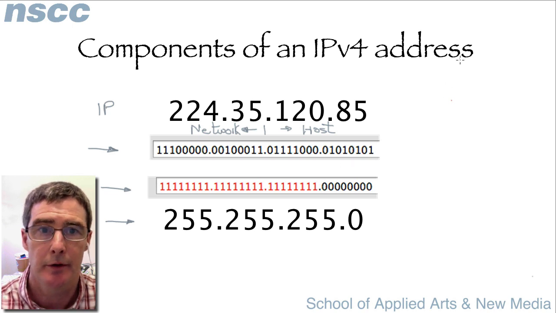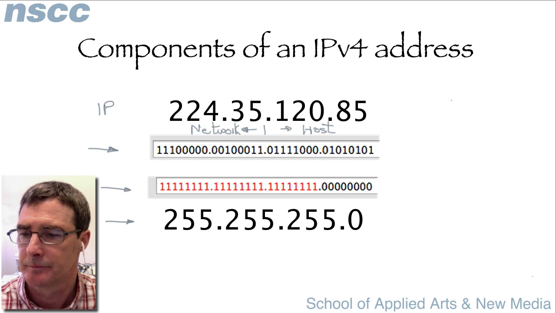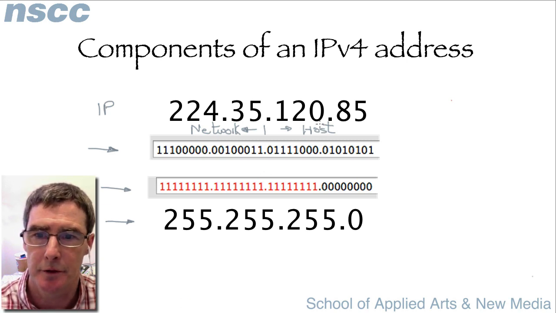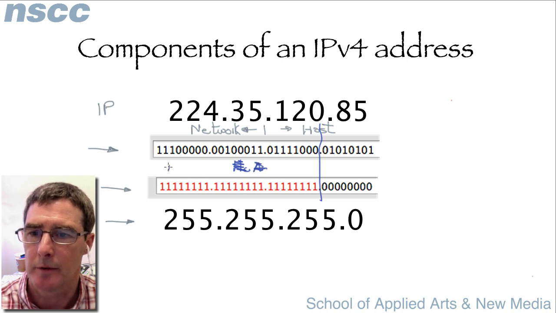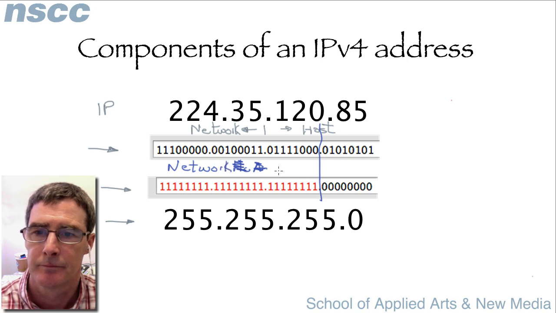So in our example here, our division between host and network is right here. So this is all the network part of the address, and this part here is referred to as the host part.